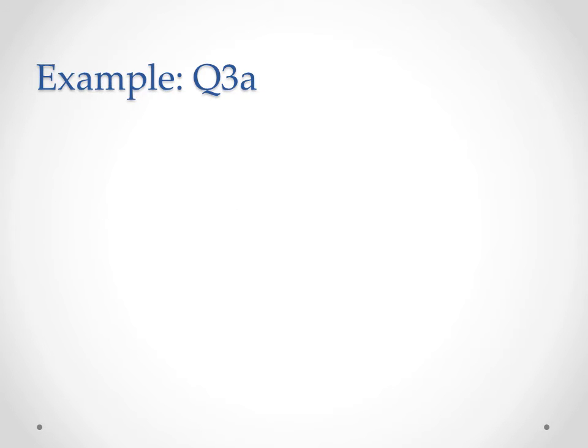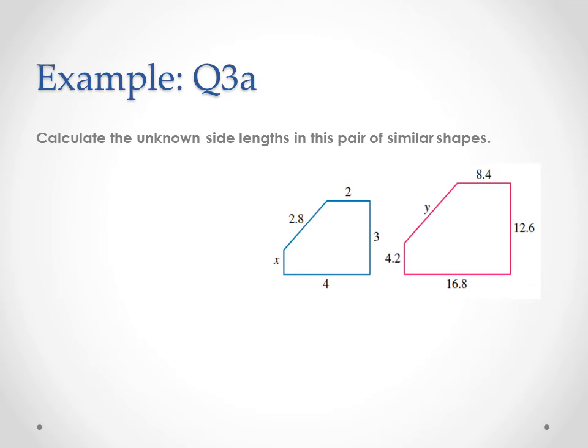So the next example we're going to look at is question 3a, and it says to calculate the unknown side lengths in this pair of similar shapes. The first unknown side that I can see is y over here, and because we've been told that this is a pair of similar shapes, we know that y is going to be equal to 2.8, which is the corresponding side, multiplied by k, which will be our linear scale factor.